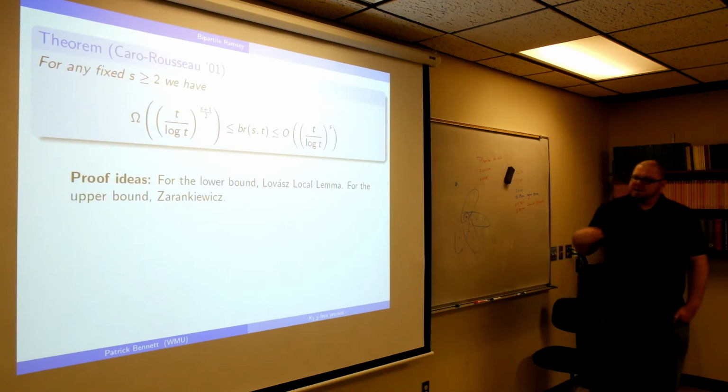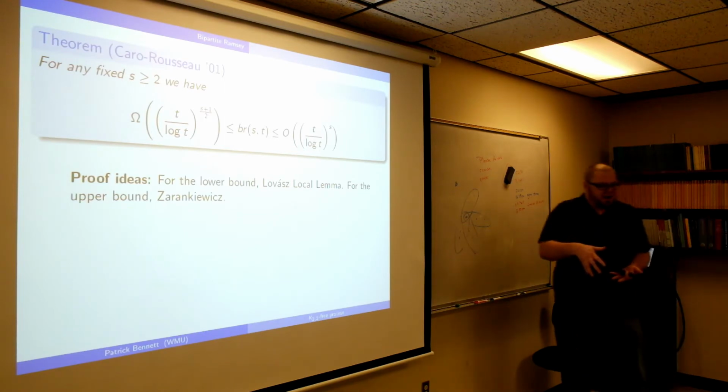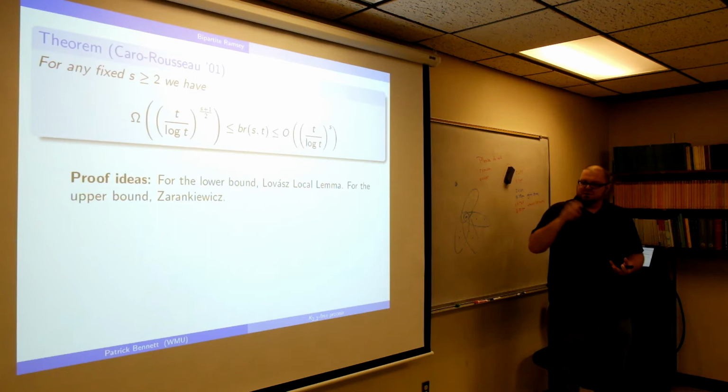We have these Zarankiewicz numbers, which are like a bipartite analog of the Turán problem. You're trying to find the largest number of edges that you can pack into a bipartite graph and avoid some other bipartite graph, and those numbers actually turn out to be small.